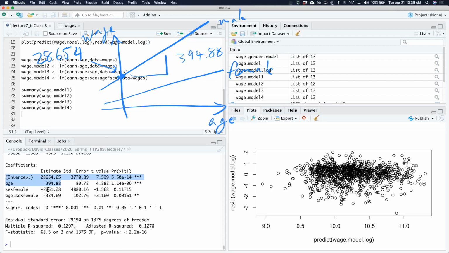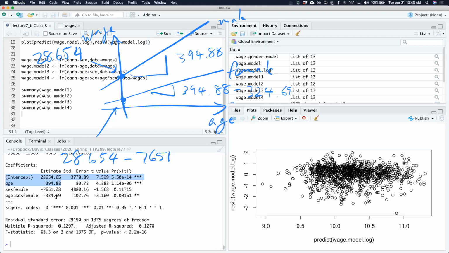And for the female, okay, we've already discussed that the base value for the intercept is 28,654 minus 7,651. So this point here would be 28,654 minus 7,651. Okay, and then the tricky part is we have to do the same thing for the slope. It's minus 324.69. So it's not a slope that's negative 324. It is 394.88, which is the male one, minus 324.69.